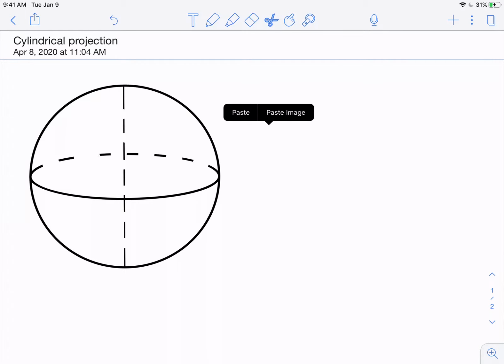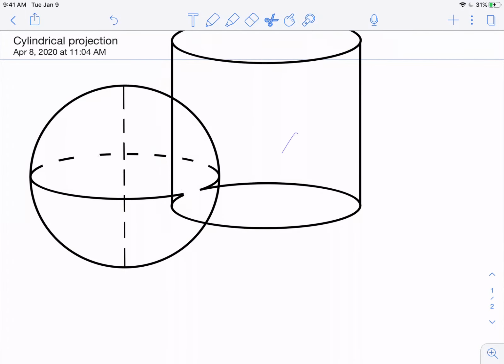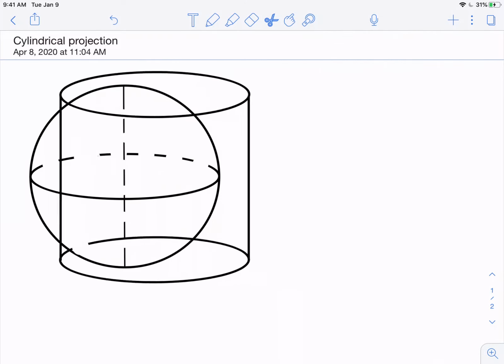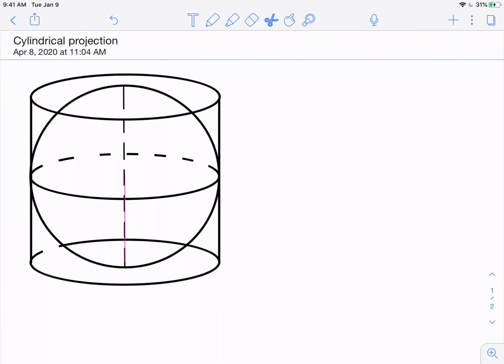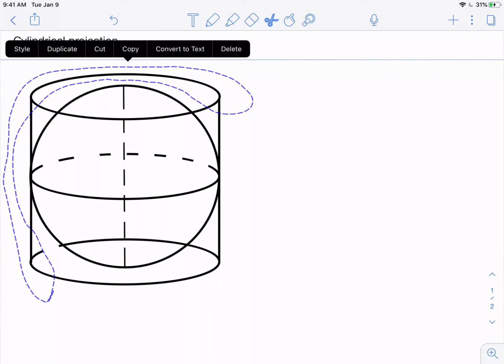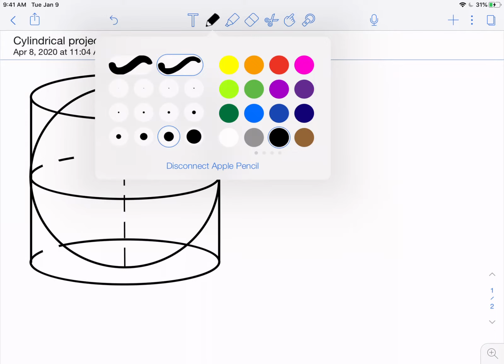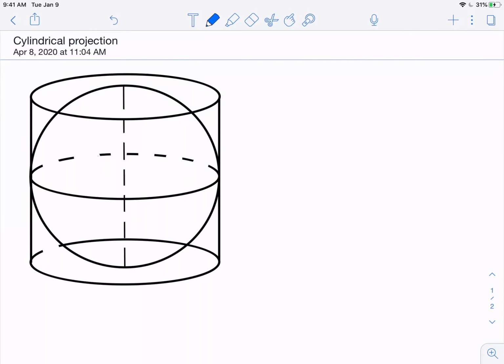So the cylinder, move this cylinder onto here, about like that. So there's the cylinder. And the way we're going to do this projection is as if you're shining a light source from the z-axis here.